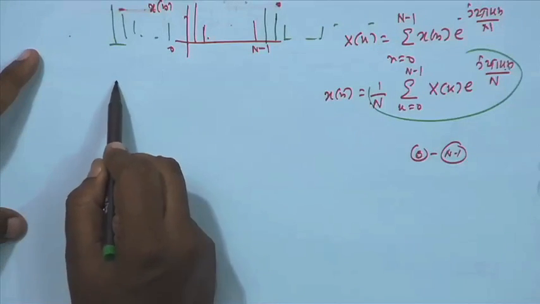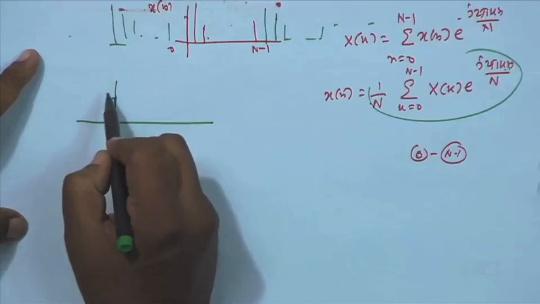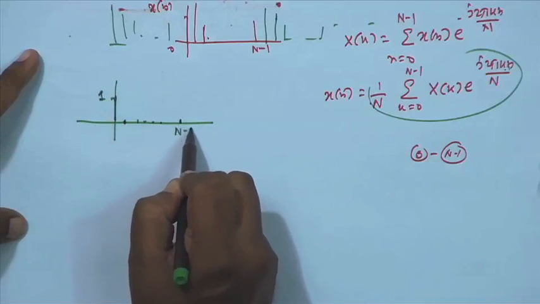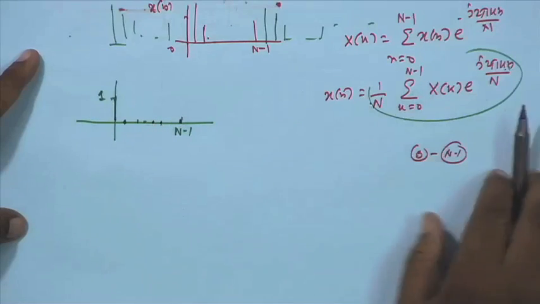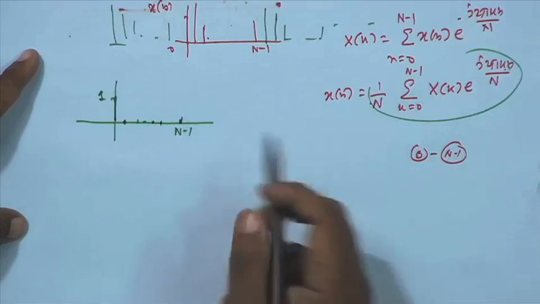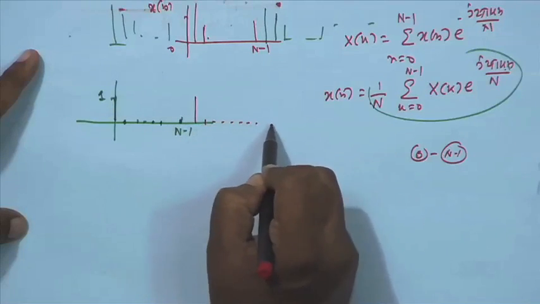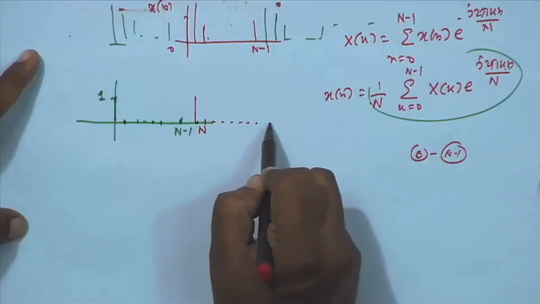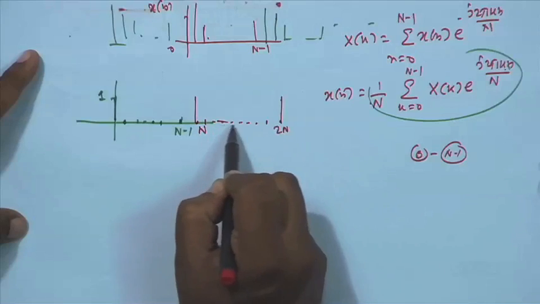Now, I will just take an example because this is useful for me. Suppose I have a sequence which is having 1, then 0, 0, 0 up to n minus 1, and then again repeated 0, 0, 0, 0 from the nth point, then again at 2 nth point, another 1.